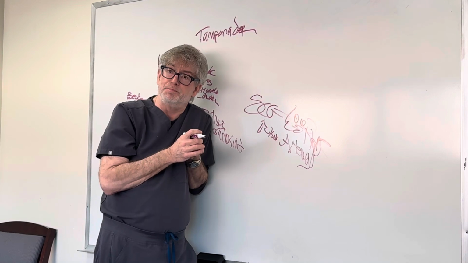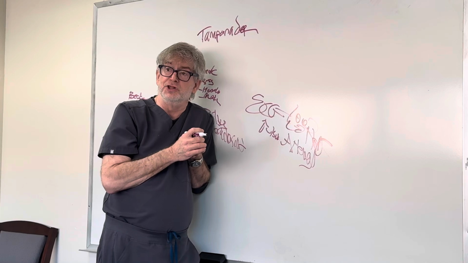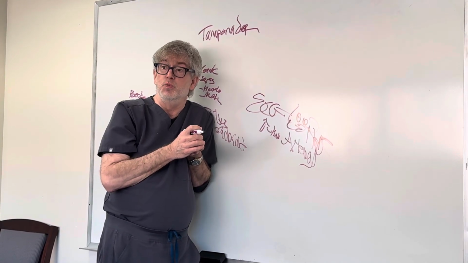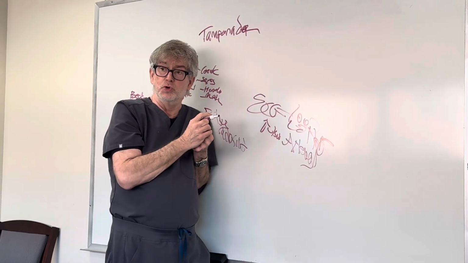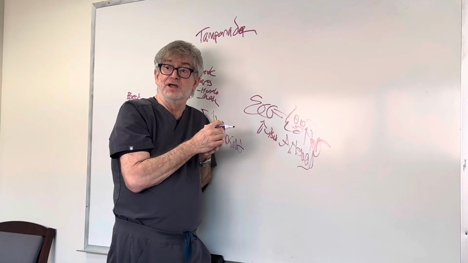Now, if you suspect pulsus paradoxicus, you've got to get the patient to the emergency department, and they need to be dealt with there. There they could get a bedside echo. You could do POCUS on that. You'll see fluid surrounding the ventricle.